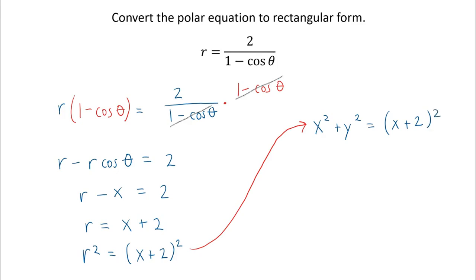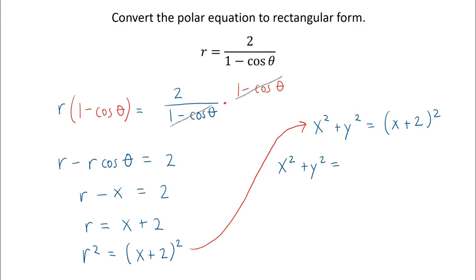Now, we have all x's and y's, so technically we are in rectangular form. There's really no need to do anything else here. But I see that this is going to simplify just a little bit, so I'm going to take some extra steps to go ahead and simplify this now. Let's simplify the x plus 2 squared on the right. So we'll have x squared plus y squared on the left is equal to x plus 2 squared.